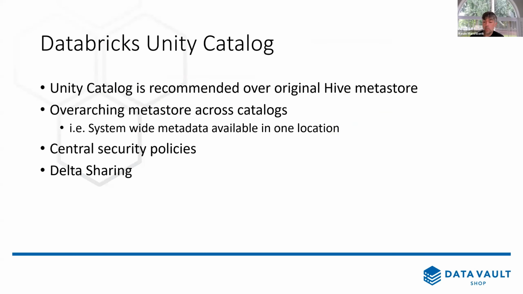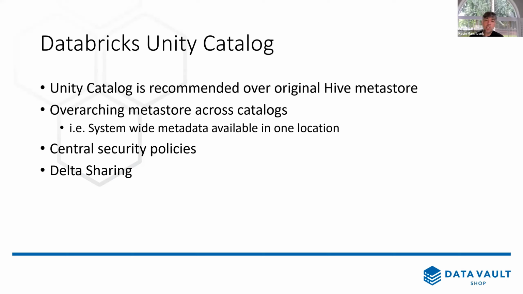Okay. So Databricks Unity catalog. When Databricks first came out, there was a Hive Metastore, but Unity catalog is a little bit newer, and it's definitely the recommended approach now. You want to make sure you're using Unity catalog with Databricks, and it really gives that overarching metastore across the catalog so that you can handle your security rules and your sharing.